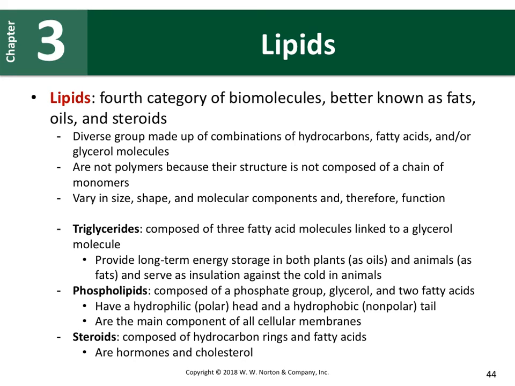Triglycerides are composed of 3 fatty acid molecules linked to a glycerol molecule, and provide long-term energy storage in both plants and animals. Among other things, phospholipids are part of the cell membrane, and we'll get into that shortly. And then steroids are like hormones, like cholesterol. They're hydrocarbon rings, organic molecules and fatty acids stuck together.